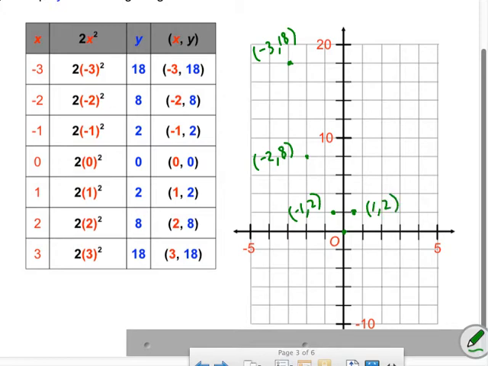Okay, and then at 2, I'm at, oops, you know what? Sorry, my scale was right. Yep, my bad. There we go. All right, and then at 2, I'm at 8. And then at 3, I'm at 18.